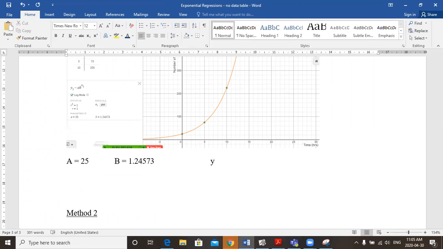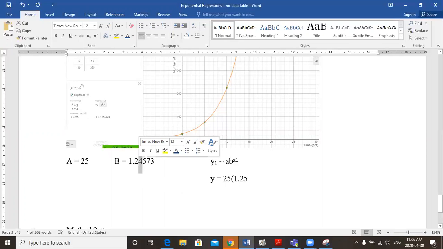And we can get our equation. So our equation was y1 tilde a b to the power of x1. So our final answer then would be y equals a, which is 25, times b. Again, we don't need the 2 decimal places because 25 is a whole number. So 25 times 1.25. We're rounding. 1.245 rounds up to 1.25 here.